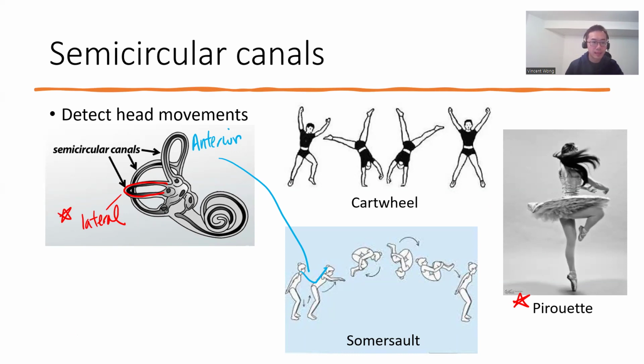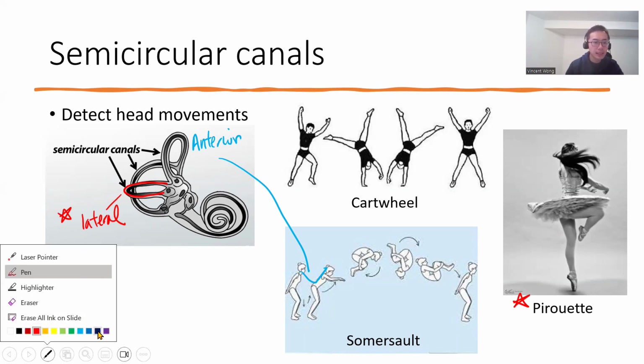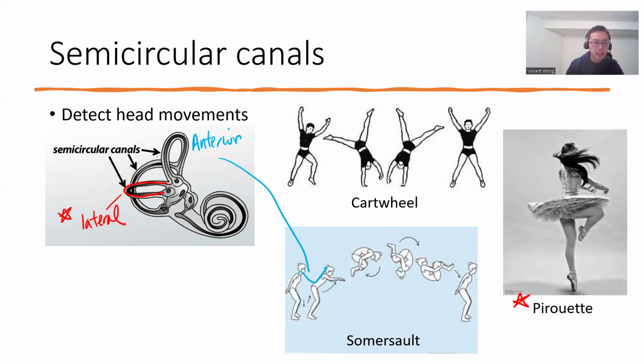And then you have the semicircular canal at the back, like that. That is the posterior one. And you have to do a cartwheel to detect it. I mean, it doesn't have to be the full body rotation to stimulate them.